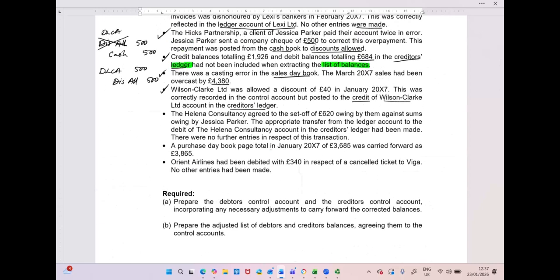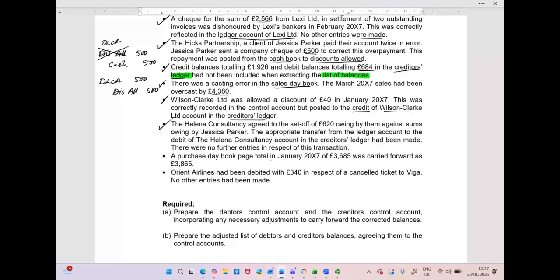Next transaction. Helen Consultancy agreed to set off £620 owing by them against the sum owing by Jessica Parker.